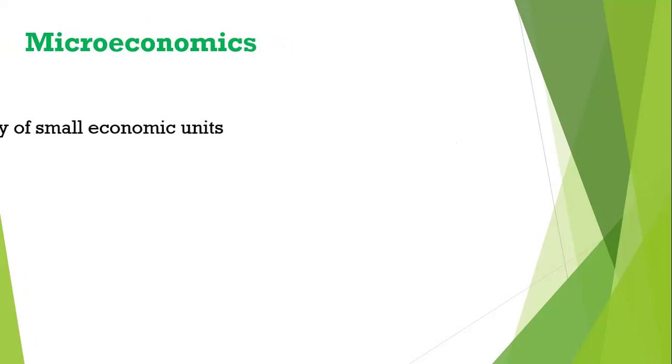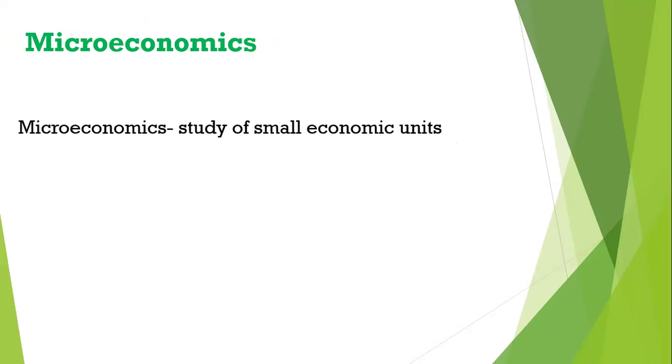One is, what are the differences between micro and macroeconomics? I'm going to put them separately because they are long notes, and if we put them side by side, it's going to be all cluttered. Microeconomics is the study of small economic units, just a small part.